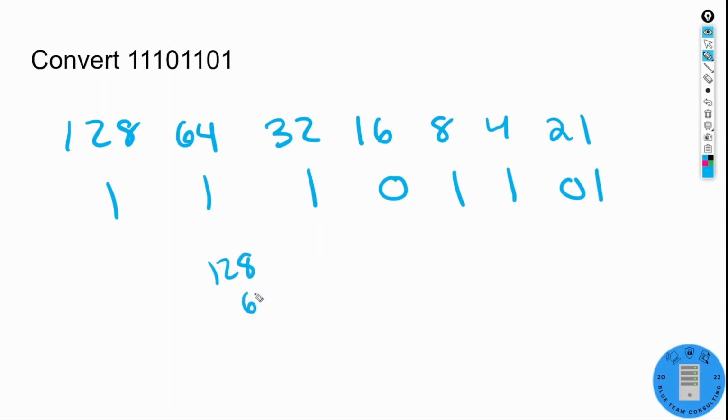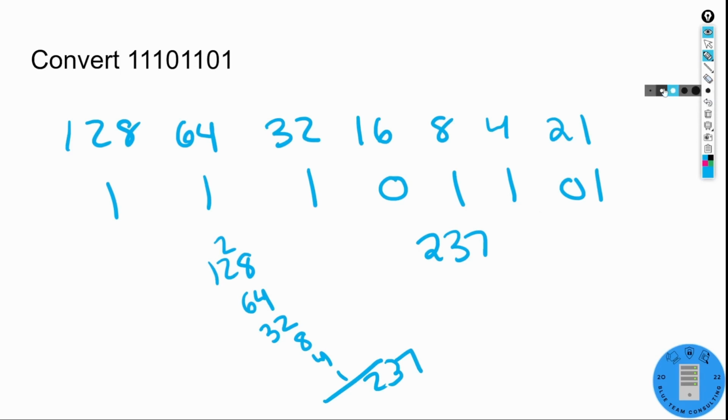So 128, 64, 32, 8, 4, 1. So 8 and 8 is 16, 2 is 18, 22, 26, 27, carry the 2, 6 and 4 is 10, 13, carry the 1, and we have 237. So that should be your answer.